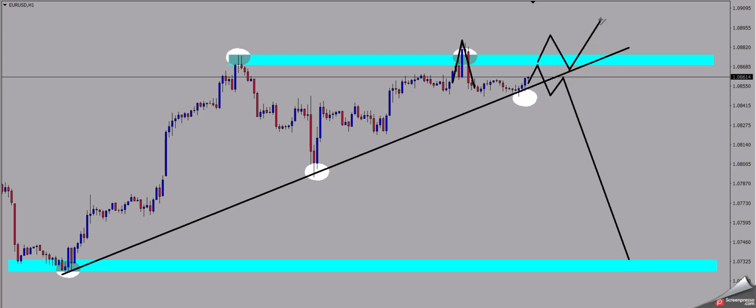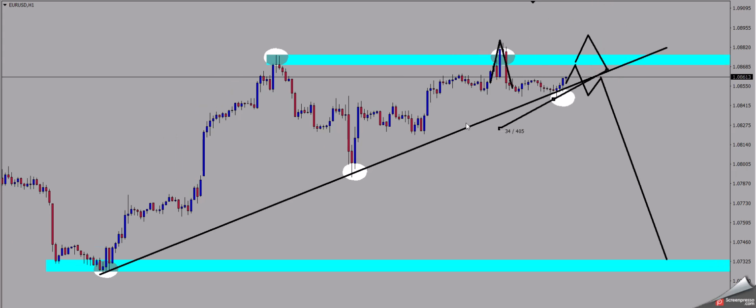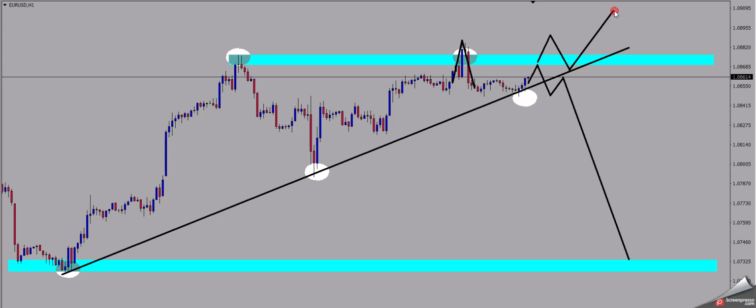But if it does this and stays above everything like that, then our trade has been invalidated. But until it does that, until that point, our trade is intact and valid. We're looking for this type of structure right here.